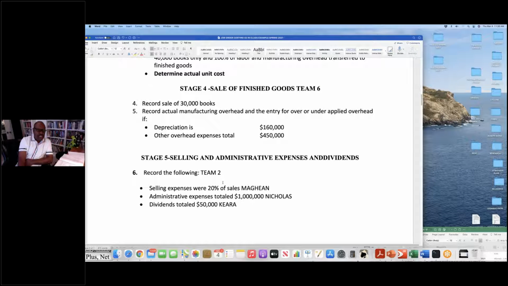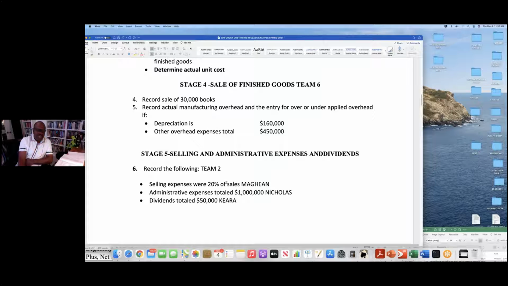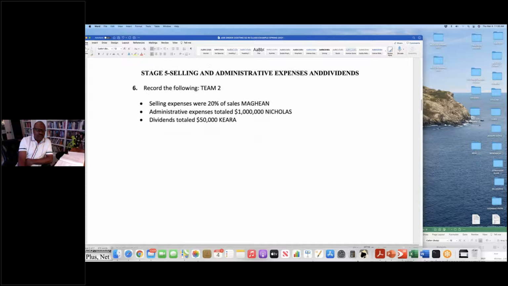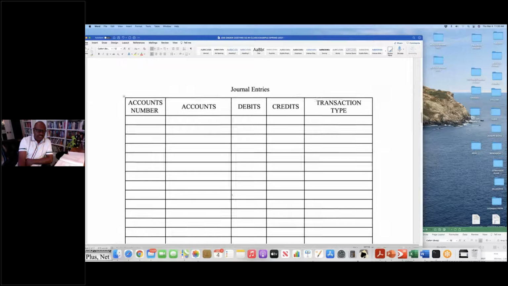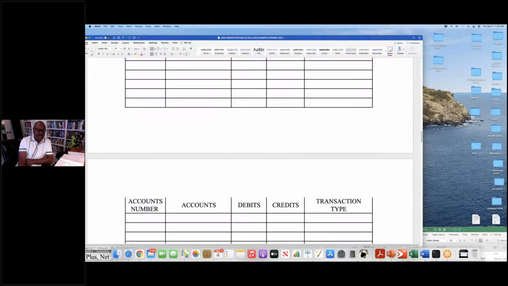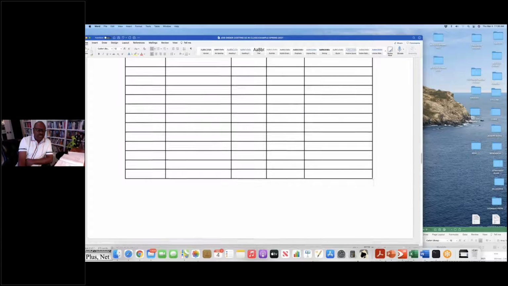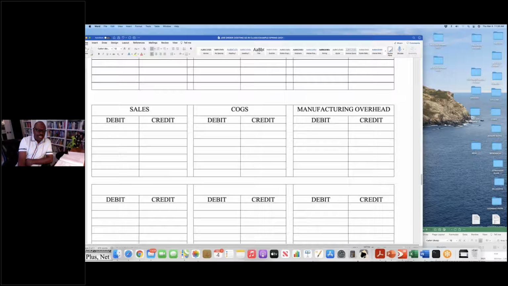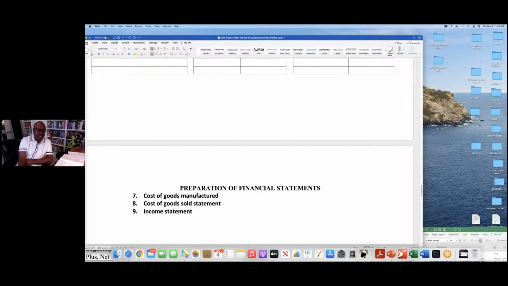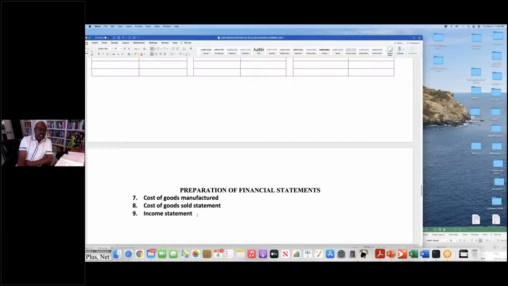Selling expenses, stage 5, is independent. That can be worked on right away. And so as you work in that journal, you're making the journal entries and you're posting to the ledger. Once that is done, then the cost of goods manufactured, cost of goods sold statement, and income statement are prepared.